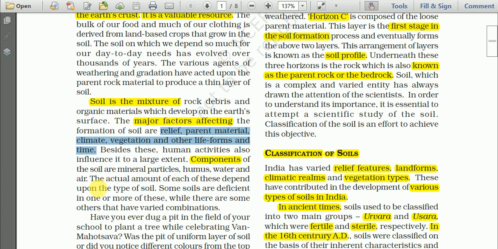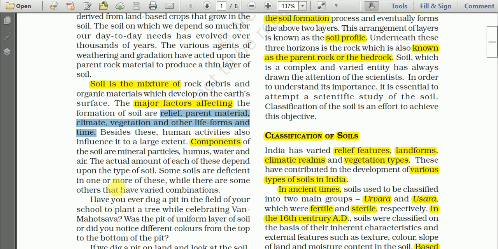Relief, that is height, altitude, or the landform; then parent material, that is the type of rock; climate; vegetation and other life forms; and time. Besides this, human activities also influence it to a large extent.